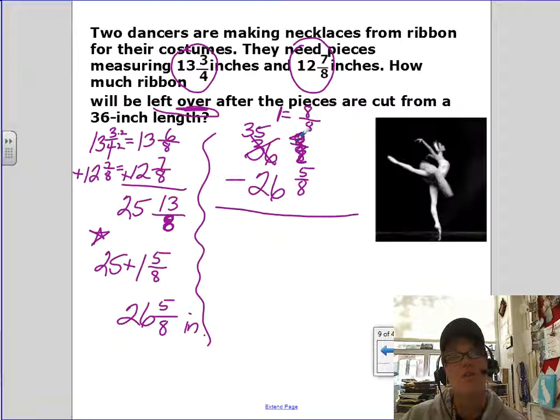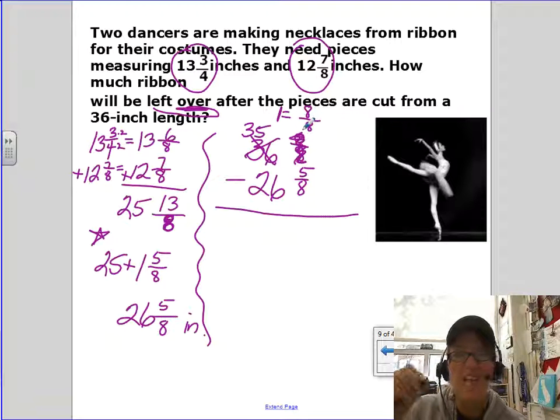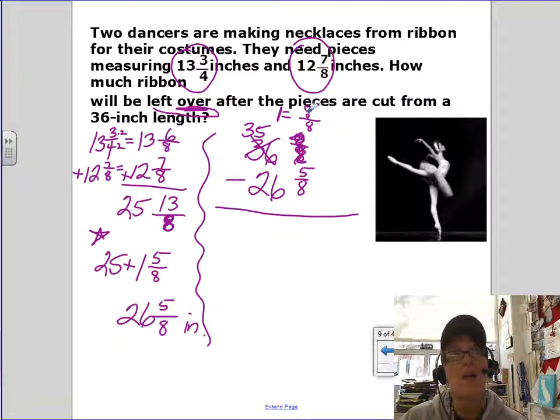Oh, so that one we borrowed is the same as 8/8. We're in eighths land. That's why I had to do that. Because see, now when I take 8/8 and I want to subtract 5/8, I can do that. 8/8 minus 5/8 is 3/8.